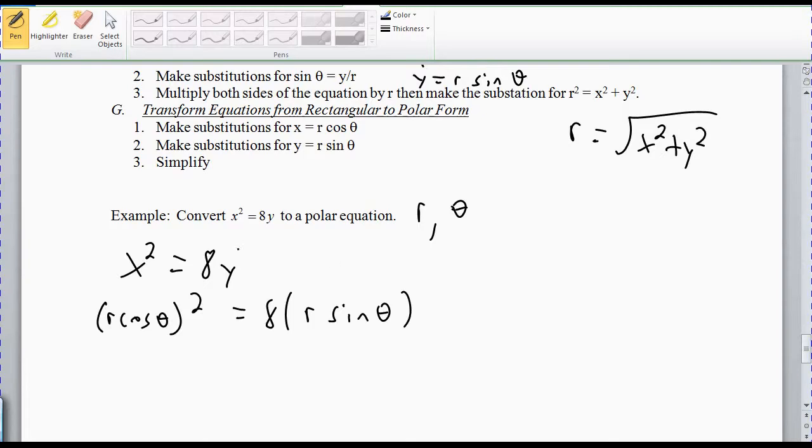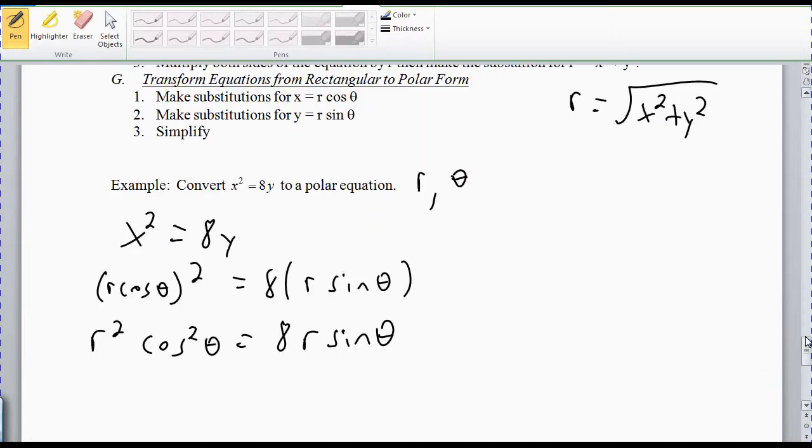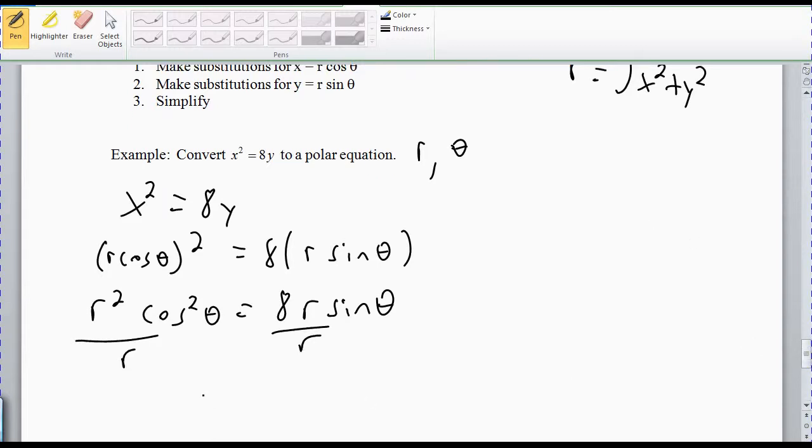And then we're just going to clean this up a little bit, because we've already gotten rid of the x's and y's. We just want to simplify it a little. One thing I can do is this exponent 2 is on each of these, so it's on each base. It's on r squared, and it's also on cosine squared. And this is the same as 8r sine theta. And what I can do here is divide both sides by r to have fewer r's roaming around.